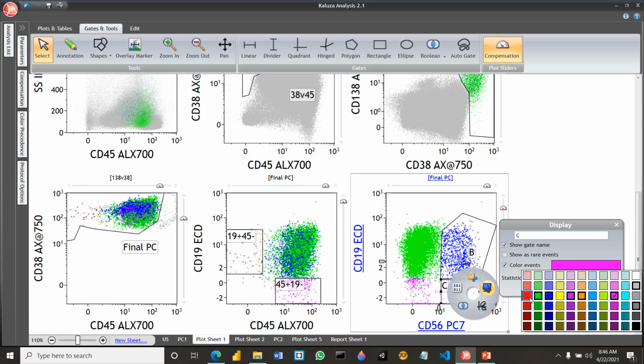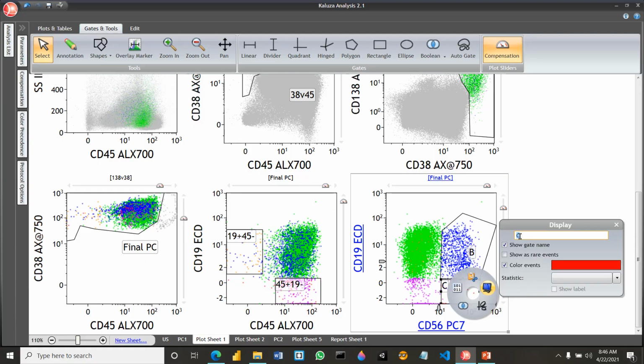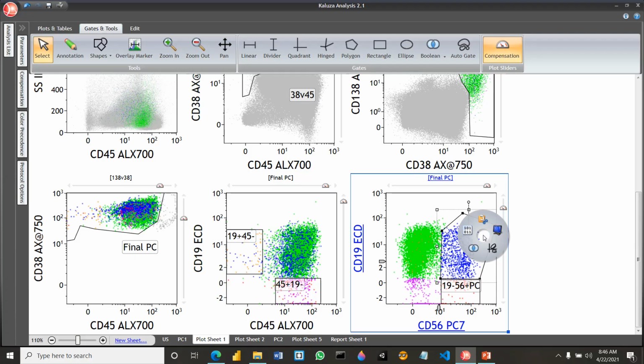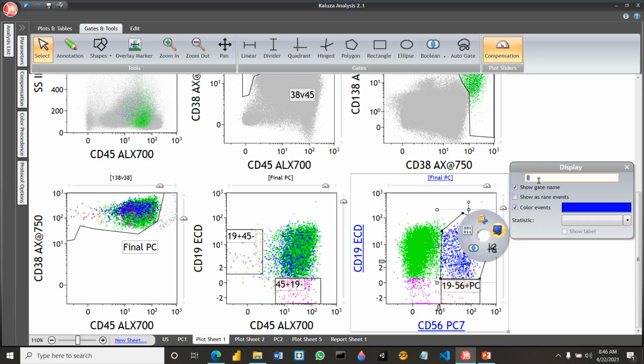Let's give it a different color, maybe red. So we can call these CD19 negative and CD56 positive, and these were CD19 positive and CD56 positive.